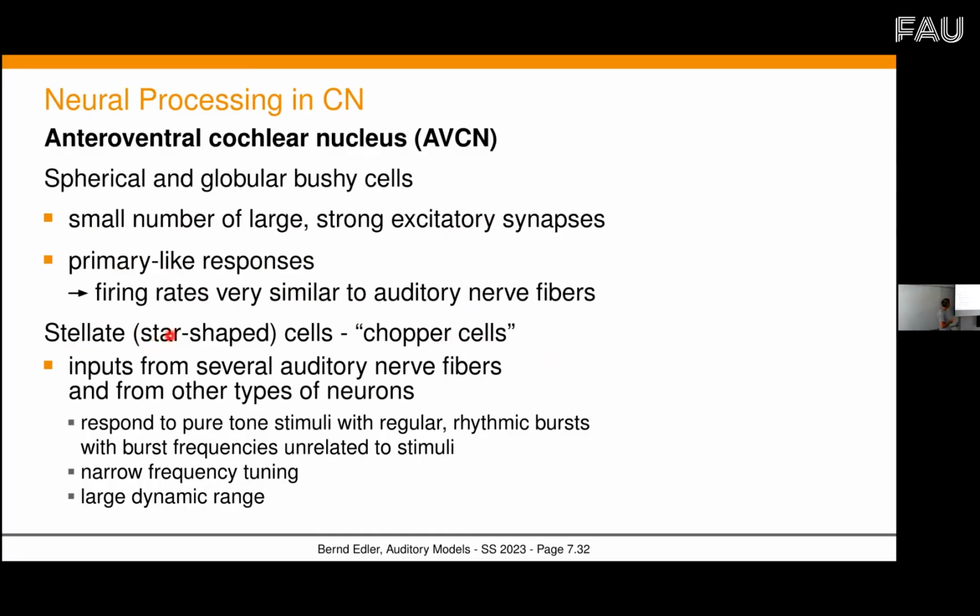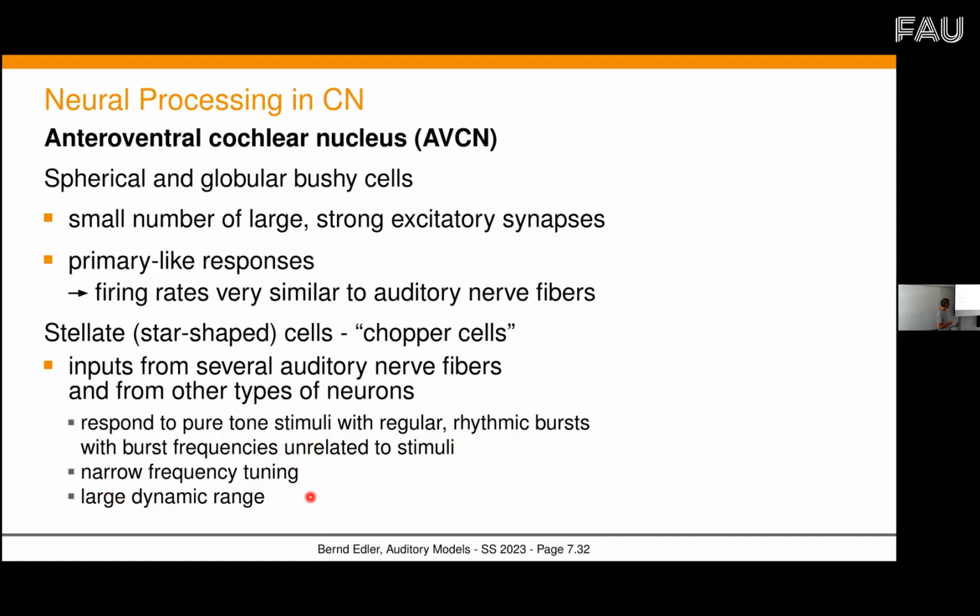Then we have these stellate cells, also called chopper cells, which obtain inputs from several auditory nerve fibers. That means some frequency ranges, and also from other types of neurons. They specifically respond to pure tone stimuli with regular rhythmic bursts, with burst frequencies which are not related to the stimuli themselves.